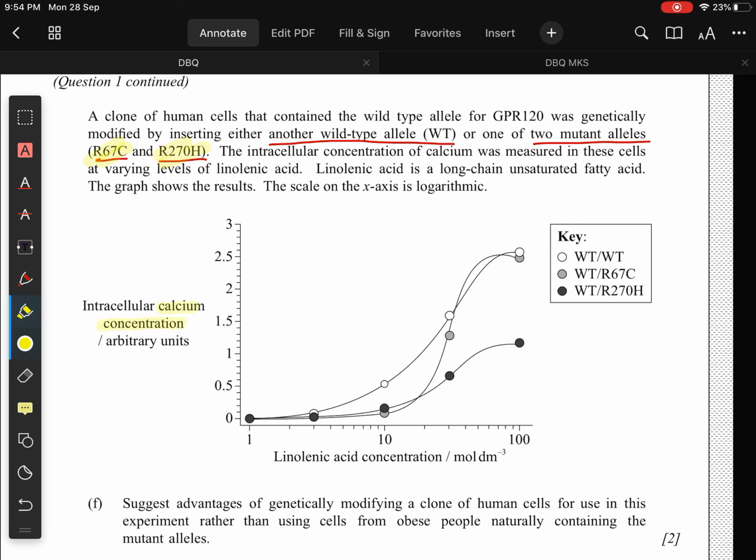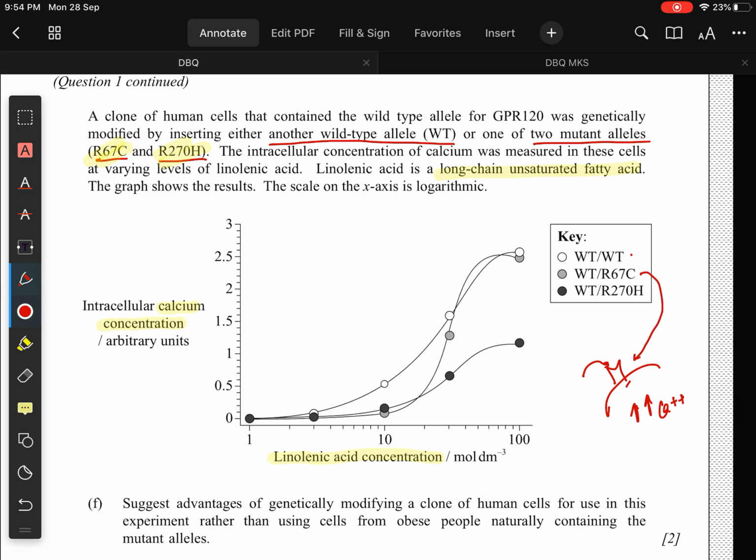What happened to the concentration of calcium when we are changing the linoleic acid concentration, which is a long chain unsaturated fatty acid. So you can connect the previous information that this is an unsaturated fatty acid, this is a receptor. We know when this unsaturated fatty acid attaches, it causes the concentration of calcium ions to increase.